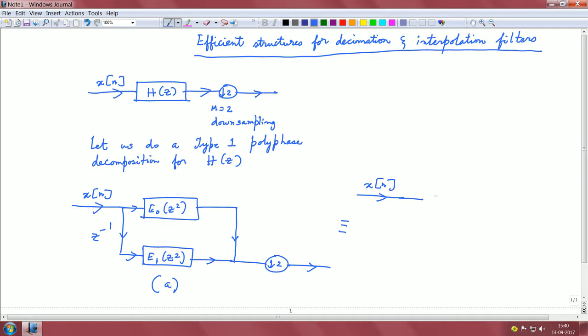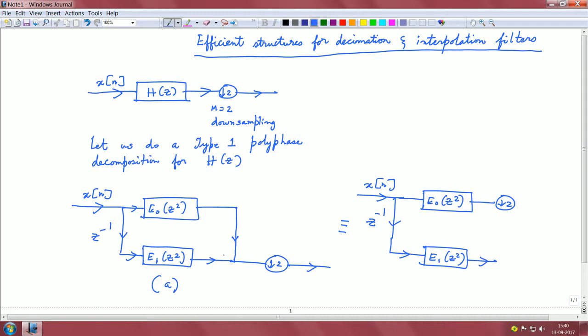So, we have x of n, now I have E naught of z square, downsampler, a delay element, E1 of z square.